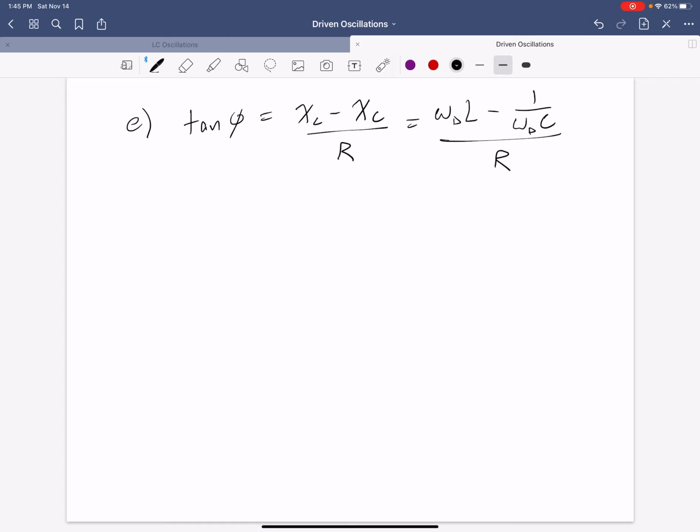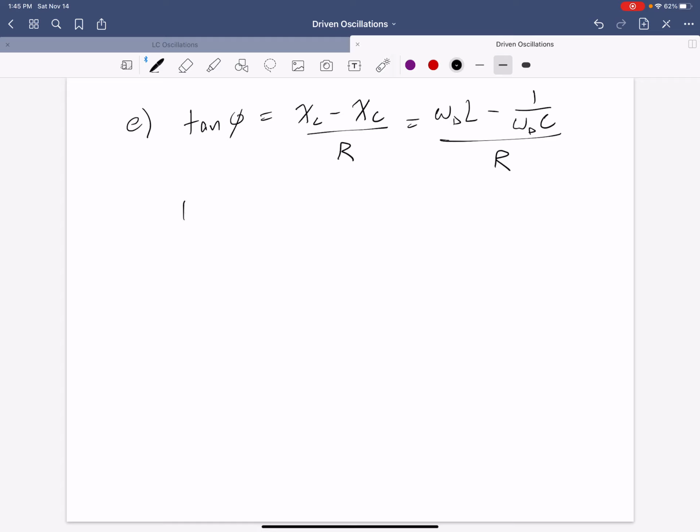Now we can solve for L. We know C, since C doesn't change in this part. R does not change, and omega didn't say anything about changing. And now we have a new phi angle, so a new phi constant.